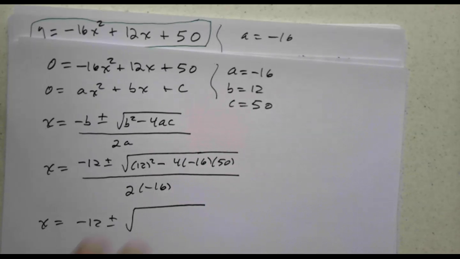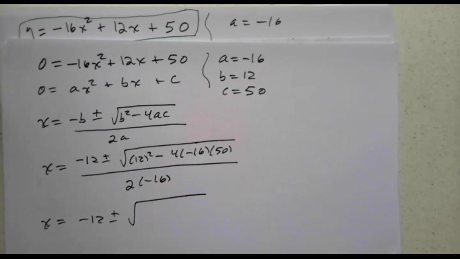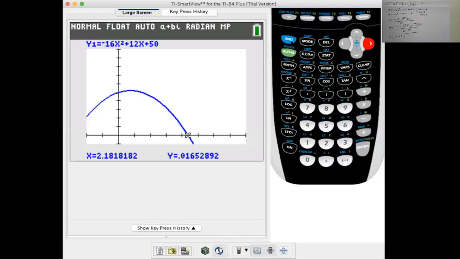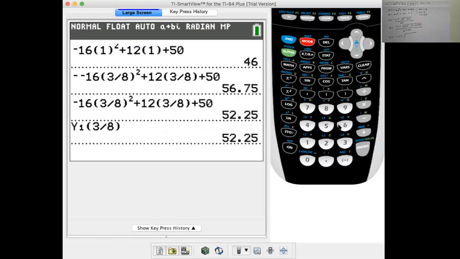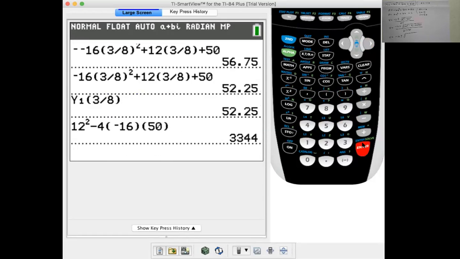It might actually be helpful to do this on the graphing calculator. Let me jump there. We'll get back to the graph here shortly. 12 squared minus 4ac, 4 times negative 16 times 50. What does that give me? 12 squared minus 4 times negative 16 times 50 is 3,344.